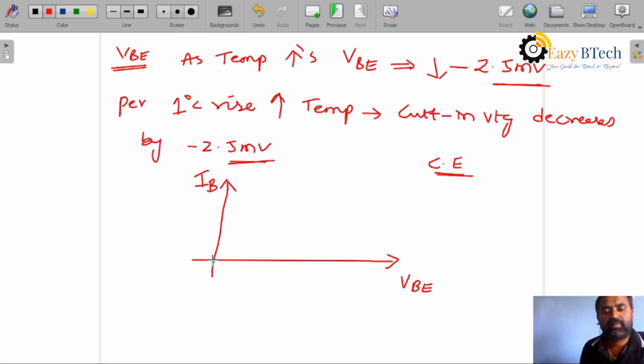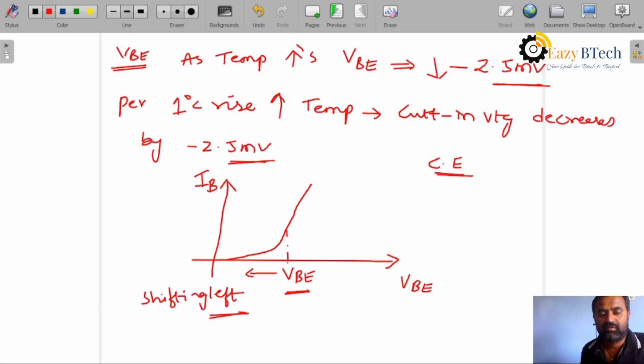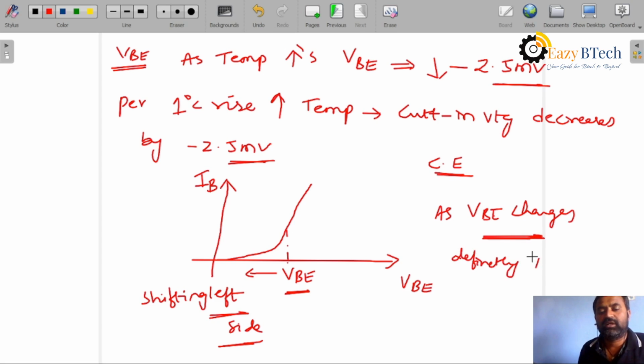In this graph, as the cut-in voltage shifts to the left side, it means as VBE changes, definitely IB changes.